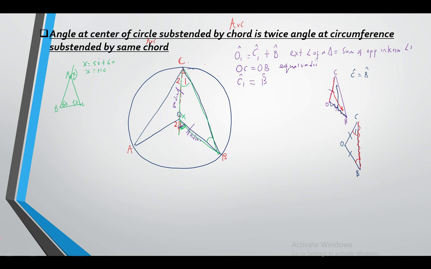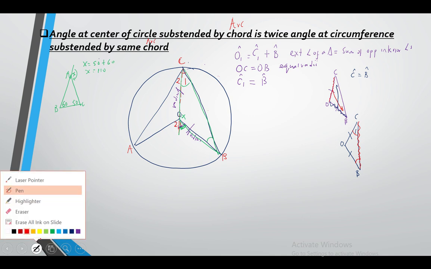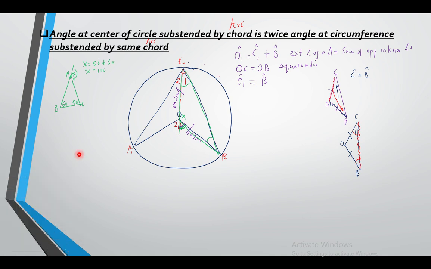So when you go to this isosceles triangle COB, you realize that the side CB is the third side. OC equals OB.